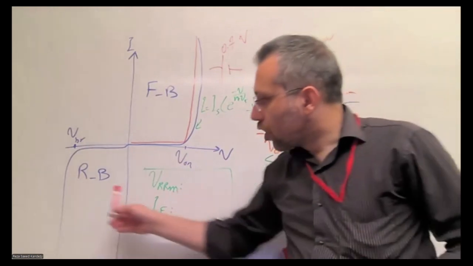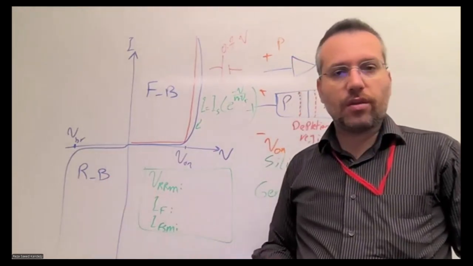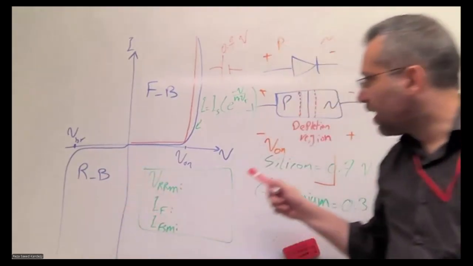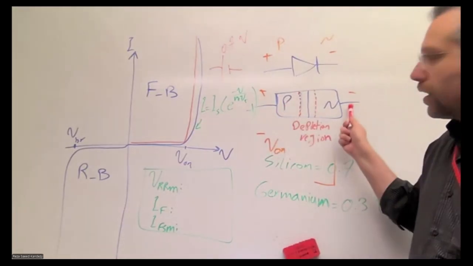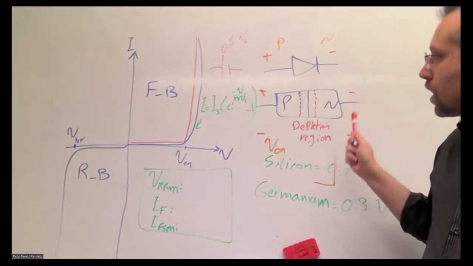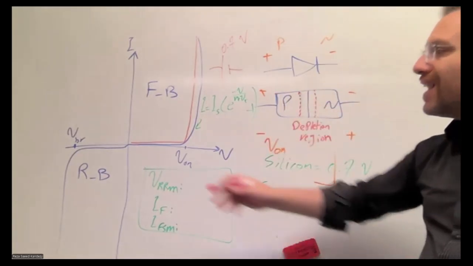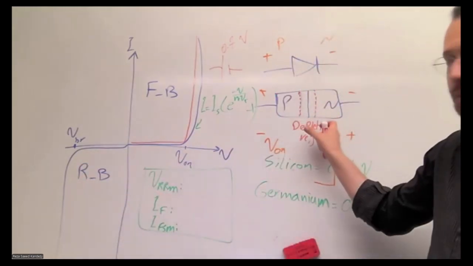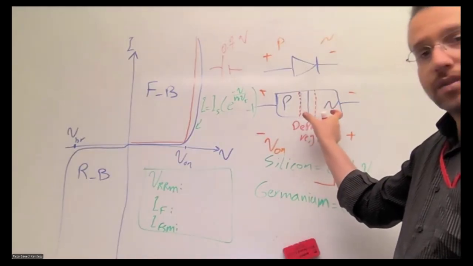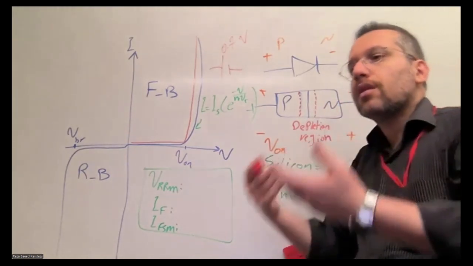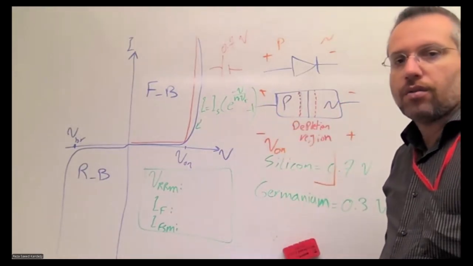Now we talked about the reverse bias, but let's look at it in a little more detail. Reverse bias means we have the lower potential connected to the anode and the higher potential connected to the cathode, so the voltage is in reverse polarity. In reverse polarity, the depletion region, as we said, is going to increase, meaning there is less chance of any charge passing through the diode.